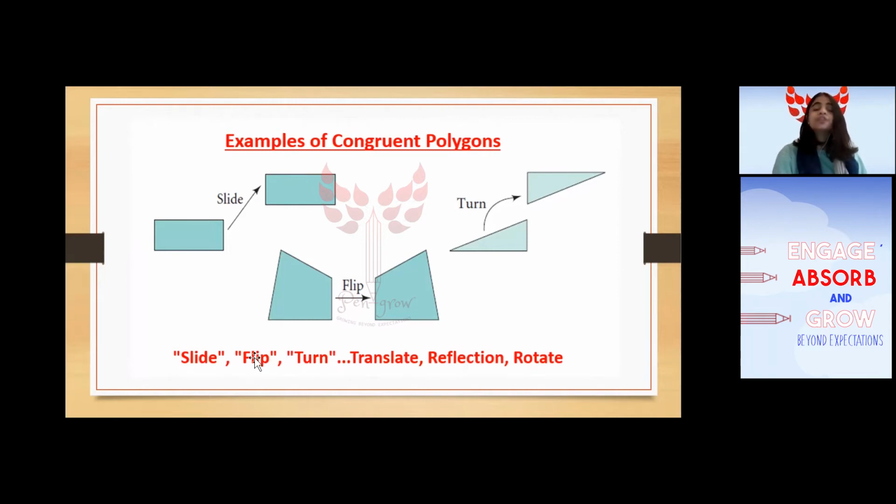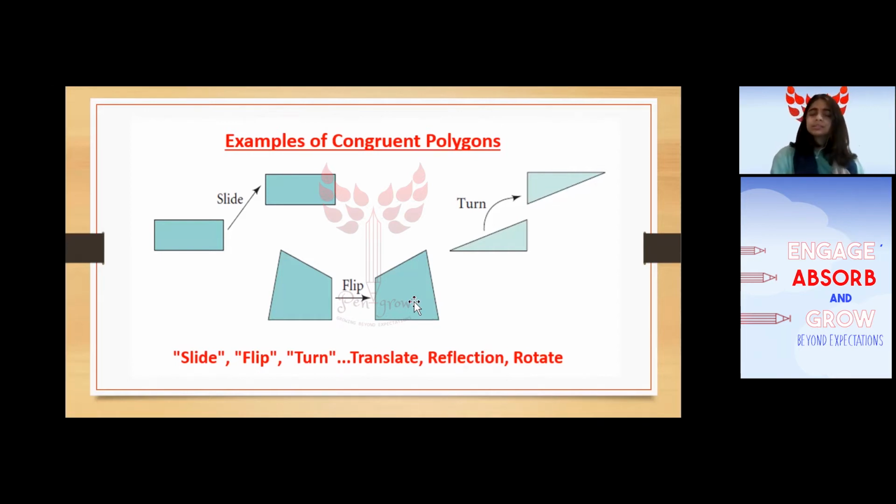Secondly, flipping. Flipping means to reflect. If one shape is a reflection of another shape, then they are also congruent. Why is that so? Because as soon as I flip this object, it is going to replicate the original one. For example, our two hands are congruent. I flip one of them and they both come on each other. Your hand is not congruent to someone else's hand, because the size might be different, or the alignment might be different too.